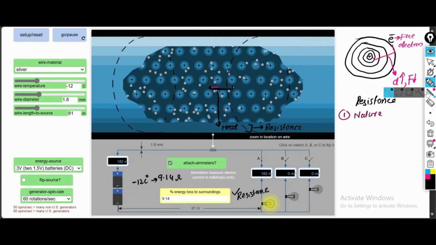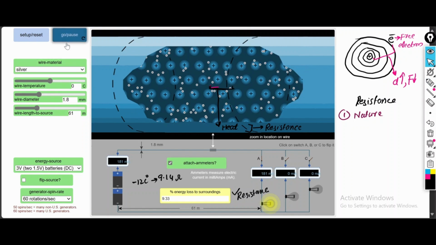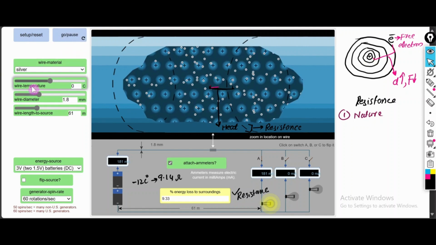Now if we increase this temperature here and restart this, for temperature 0 degrees centigrade the resistance value becomes 9.33 ohm. Now we further change the temperature to plus 26 degrees centigrade.